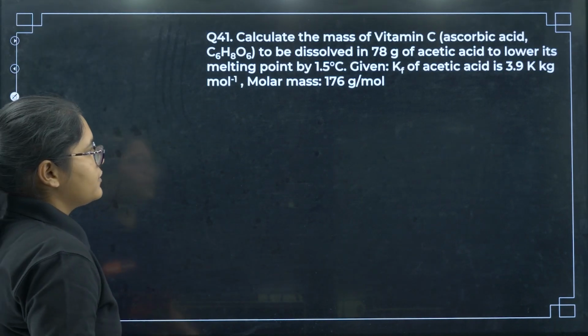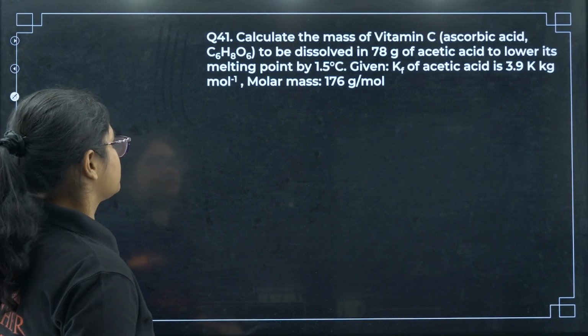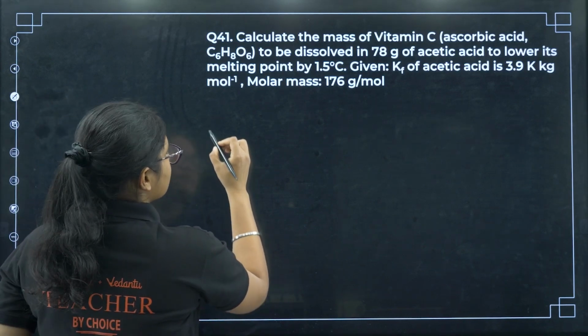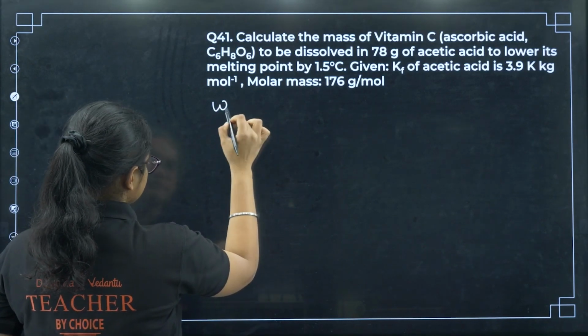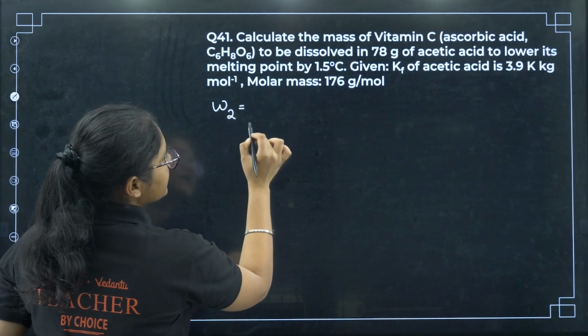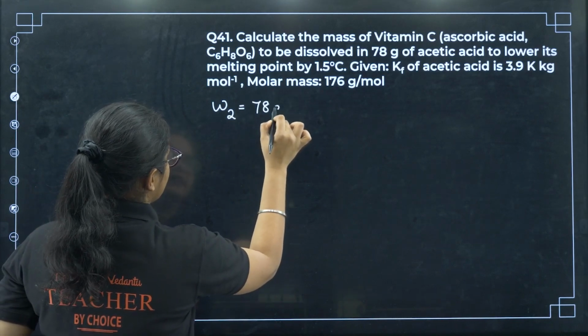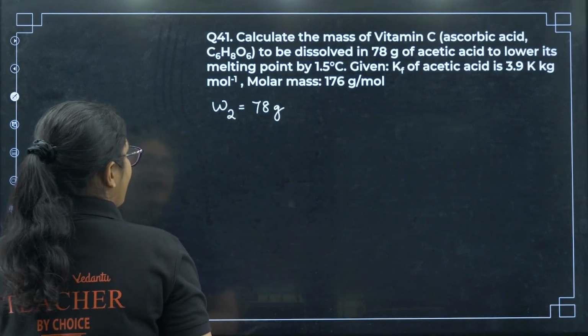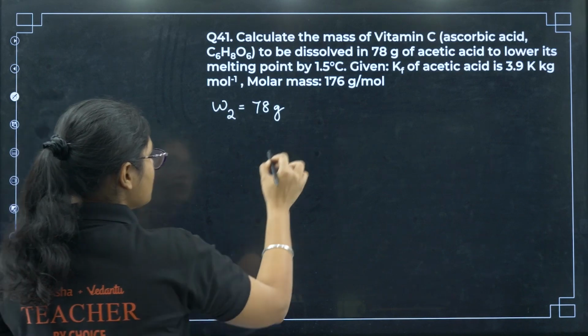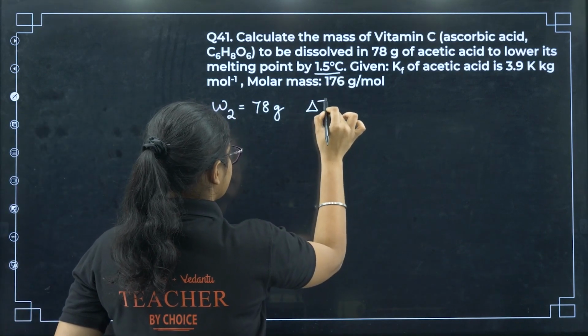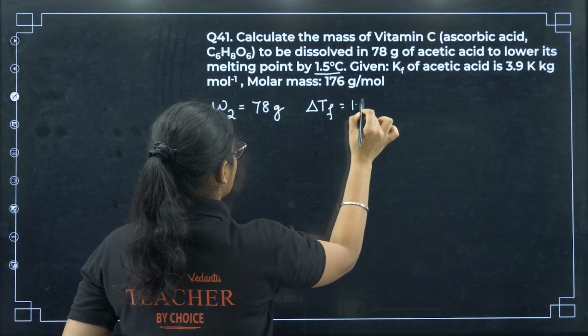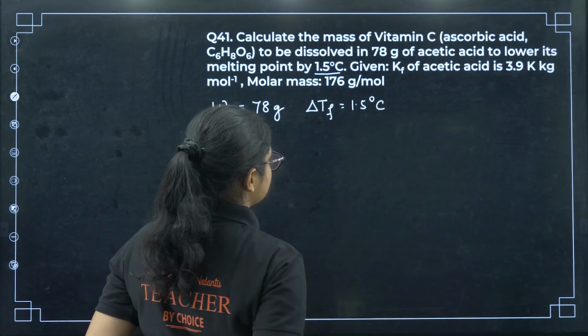So first let us write down the values that are given to us. We have here the mass of the solvent, W1, is 78 gram, and to lower its melting point, that is delta Tf, is 1.5 degrees Celsius.